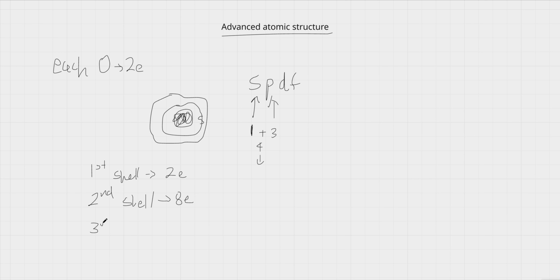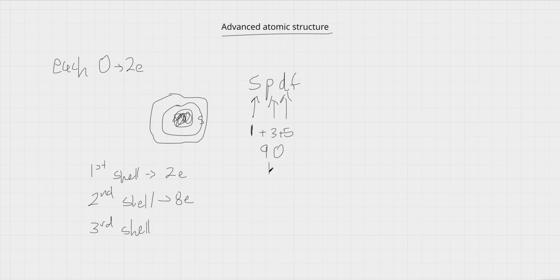And the third shell, following this pattern that we've seen so far, we have 1 s shell, 3 p shells, and 5 d shells. So adding that up, we have 9 orbitals in total.